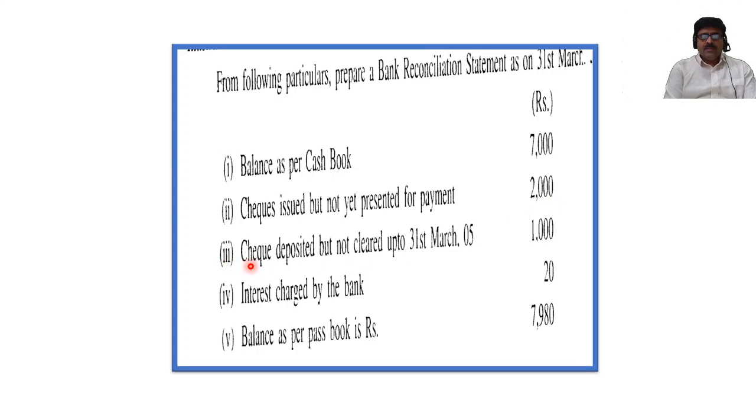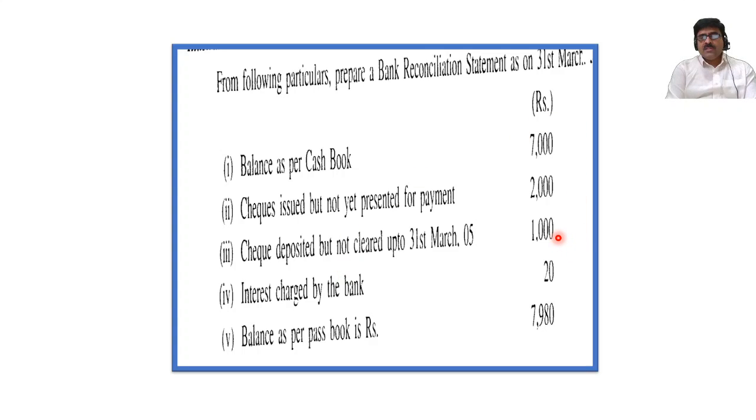Third one, check deposited but not cleared up to 31st March 2005, 1,000 rupees. Check deposited means a check is received. After receiving the check, the firm immediately deposits it in the bank account of the cash book, so the balance in the cash book will increase. 7,000 is already there.